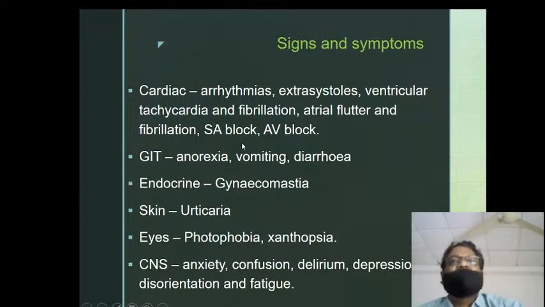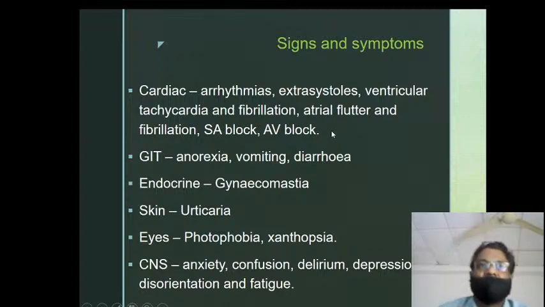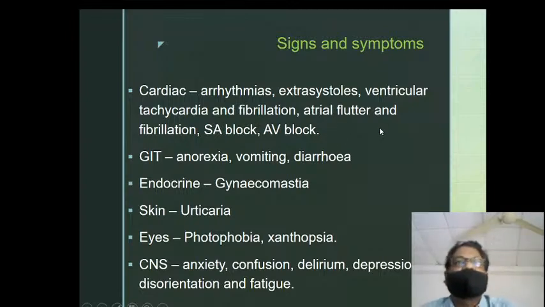It can even cause SA block or AV block, resulting in cardiac failure and even death. It can also affect the GIT, producing anorexia, vomiting and diarrhea. It has some effect over the skin, producing urticaria, and an endocrinal effect, that is gynecomastia.